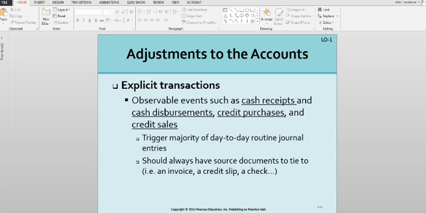An explicit transaction for depreciation expense would be when we originally purchased the desk or the computer for our business. There was an invoice, there was a check. The journal entry that we recorded at that time was to debit or increase our fixed asset equipment account and to credit or decrease cash.